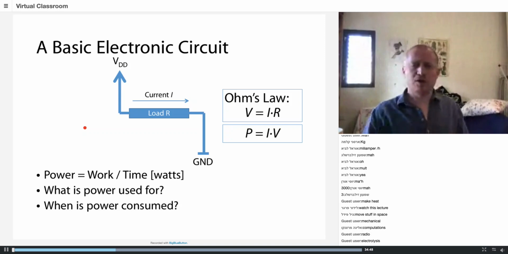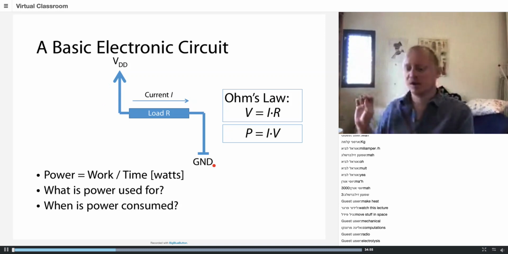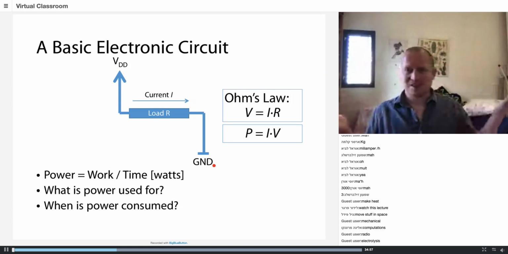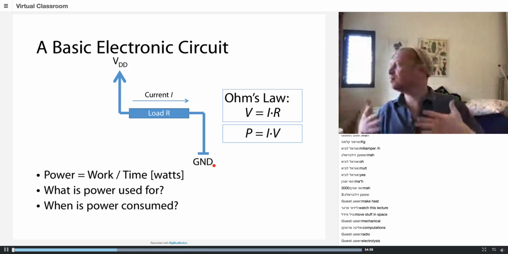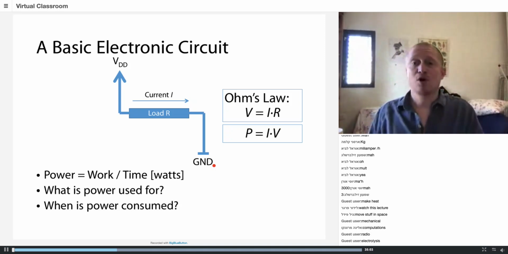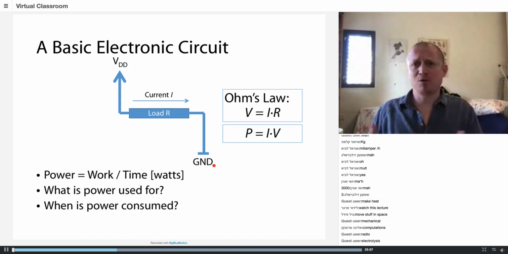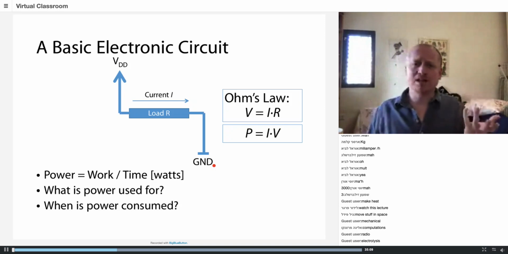So one thing which is kind of subtle and I want to cover is when is power consumed. So this is a nice circuit. It has the power coming in here and getting out there. This is nice, but sometimes you have devices where the power comes in and it doesn't come out. For example, when I'm charging my phone, the power stays inside the phone. So when am I consuming it?